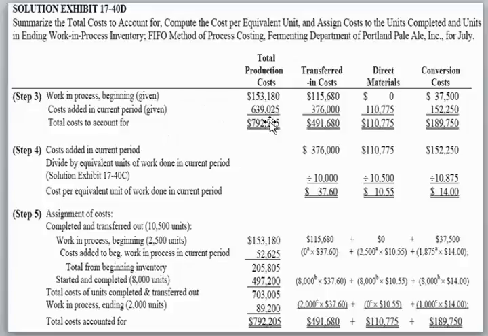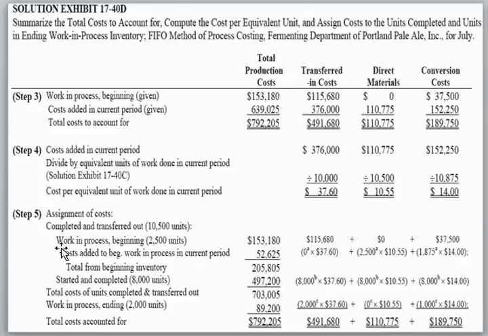So the total cost to account for will be $792,205. Step number 4, costs added during the period divided by the equivalent units to get the cost per equivalent unit. We will get cost per equivalent unit for the transferred in cost 37.6 and 10.55 direct material and 14 for the conversion cost.